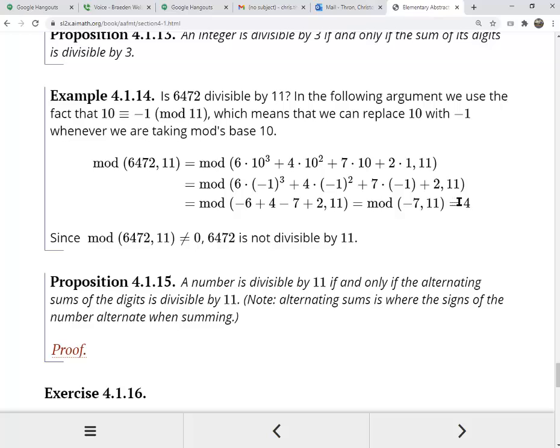In this case, it's not, so it's not divisible by 11. But you can try this on some simple examples. For instance, 132 is divisible by 11. That's 12 times 11. 1 minus 3 plus 2 equals 0. So that shows that it works in that simple case.